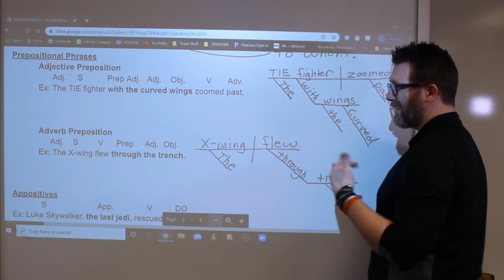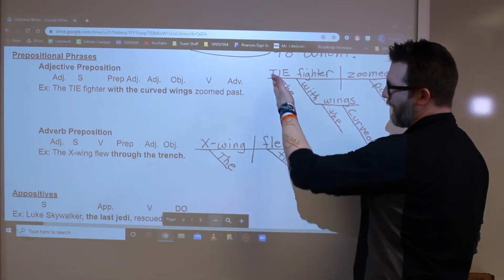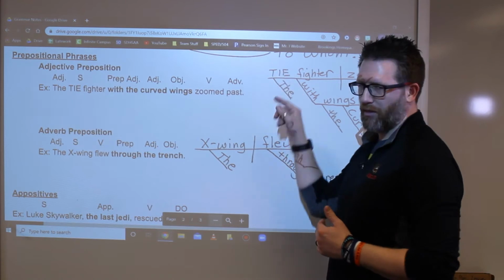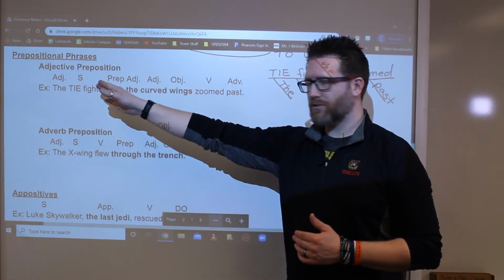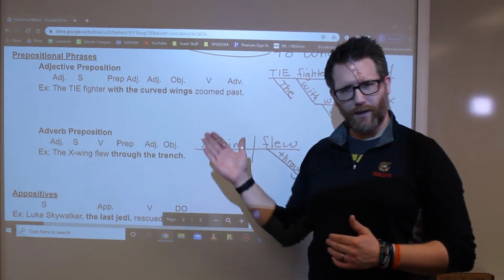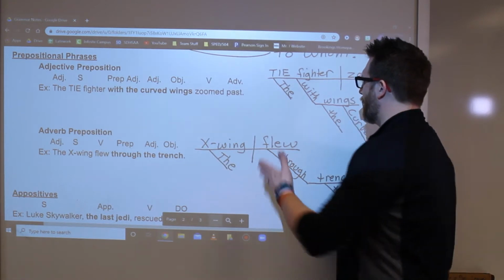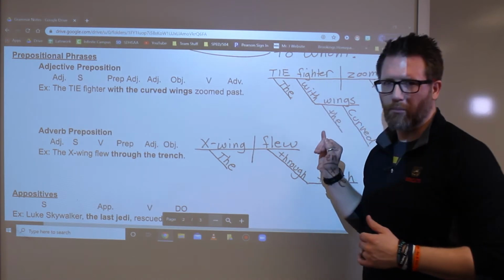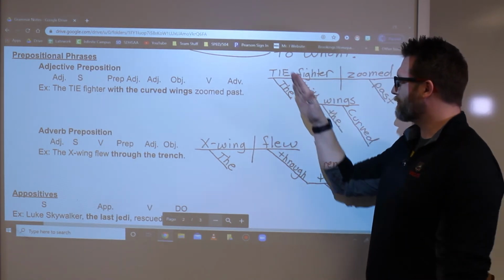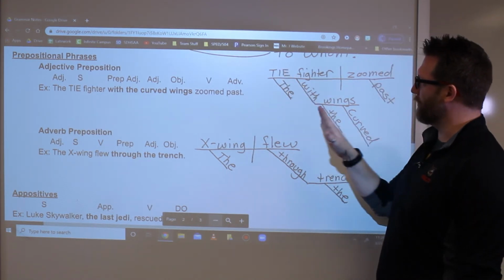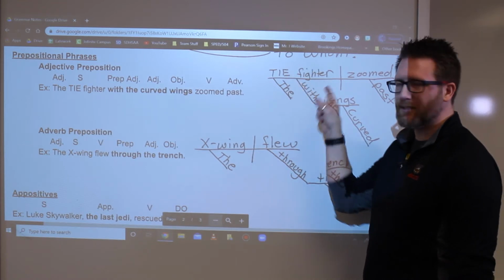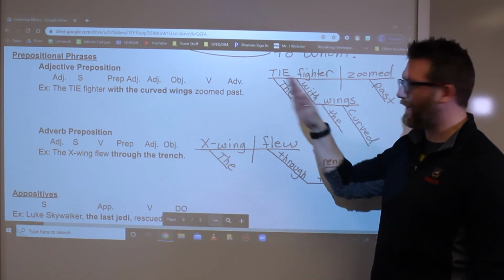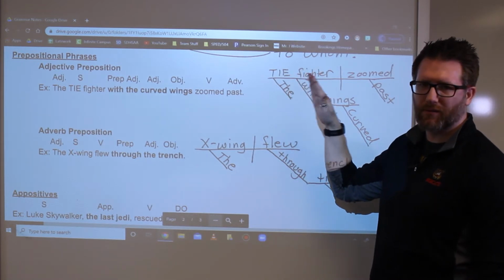Then you have a little slanty rib here, and you put the, because that's the first word that describes the TIE fighter. You keep everything in order. But then notice this other, super rib right here. The preposition with goes on the slanty part of the line.